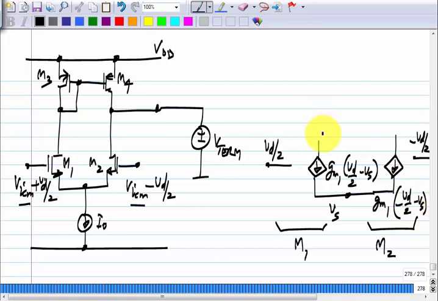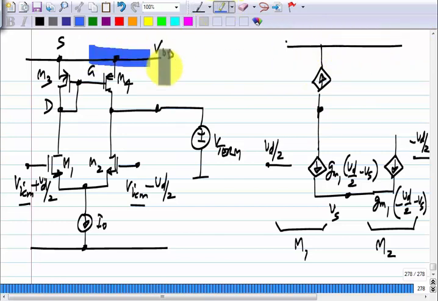Okay. And now we have M3. The source is here, the drain is here, the gate is there. So, the controlled current source will be from drain to source. What happens to this line in the equivalent circuit? Shorted where? To ground. Okay.